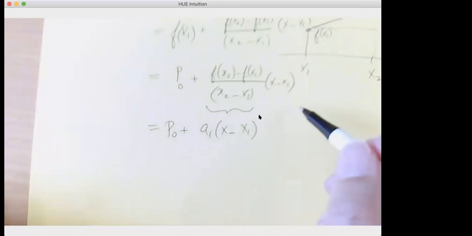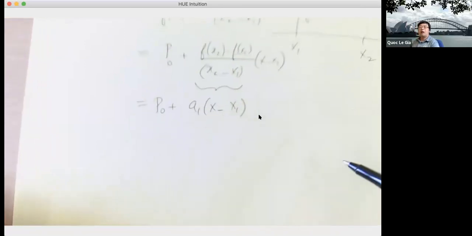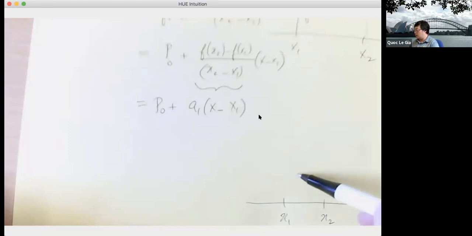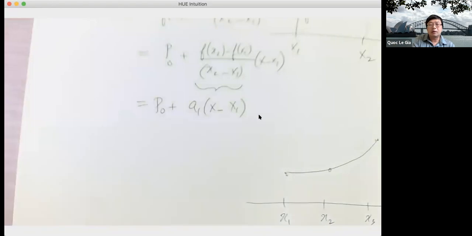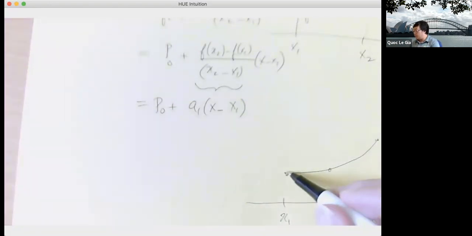I just write it out again in this form. And now what happens if I have 3 points? So what is my P2? I have x1 here, x2 here, and x3 here. So I will have 3 points, so it will be a parabola, right? So this one goes through f of x1, f of x2, f of x3.